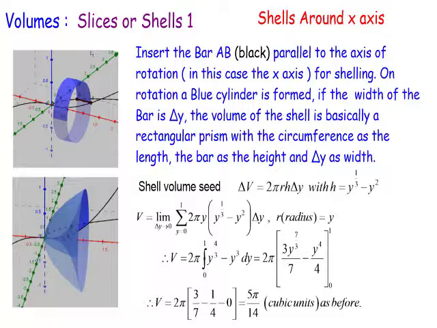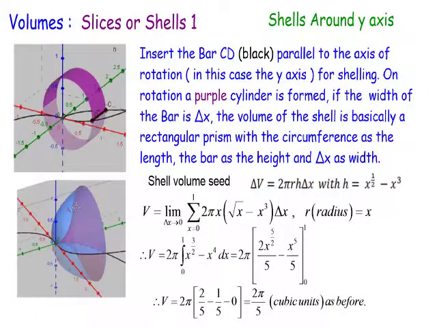Now let's do the last little bit, which is the shells around the y-axis. You can see here we've got a black CD creating a purple shell, and when we add these up, we are going to get 2 pi on 5 as before as well. But you can see here it is slightly different. The radius is now x, the distance out that bar is from the y-axis.